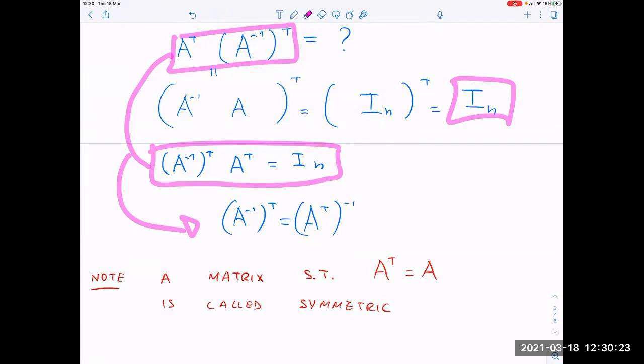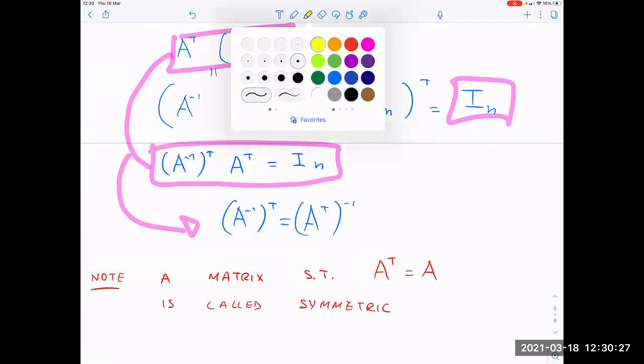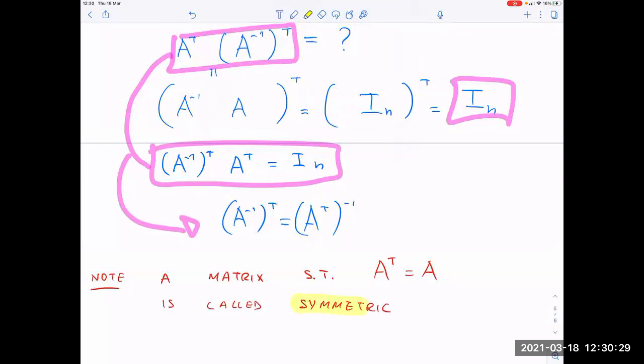So question for you, let's see what you think. Can a non-square matrix be symmetric? So can a 2x3 matrix be symmetric? Yeah, it's not possible because the sizes will not match, right? So if A is n times m, its transpose is m times n.